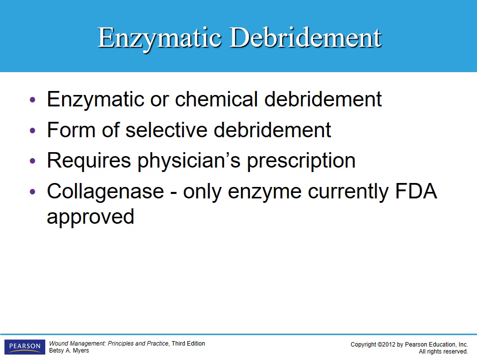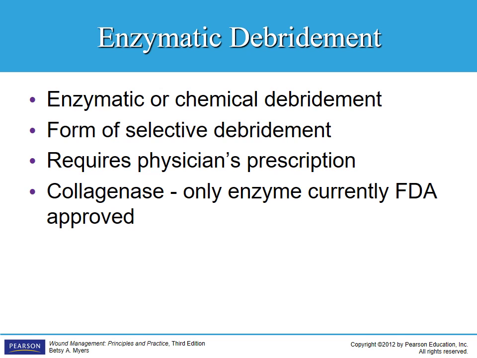Enzymatic debridement is when you use an enzymatic or chemical debrider. It is a form of selective debridement and requires a physician's prescription. Right now, the only enzyme that's currently FDA approved is collagenase. The brand name of the debrider is called Santyl, S-A-N-T-Y-L, and it is a collagenase.